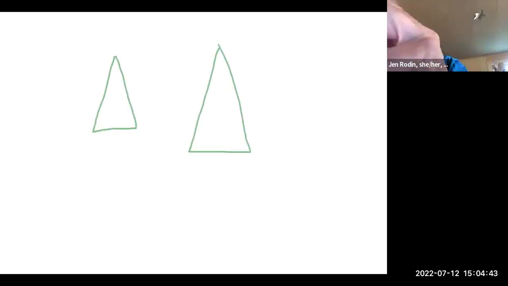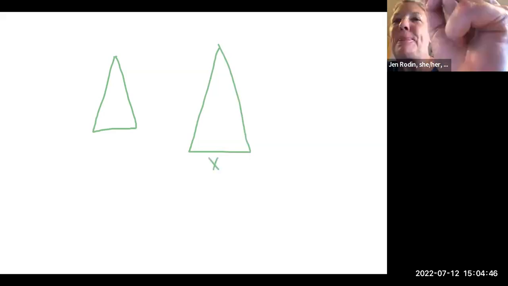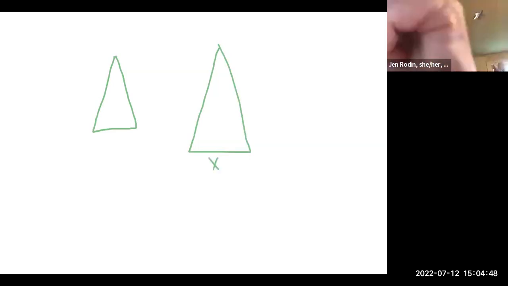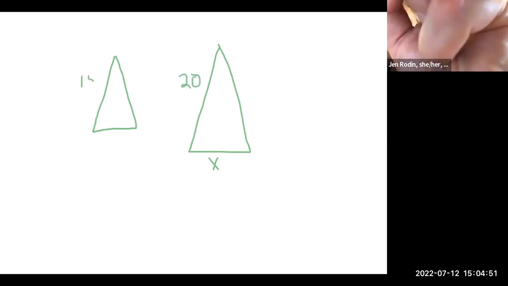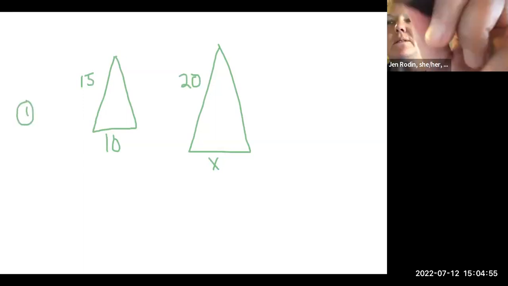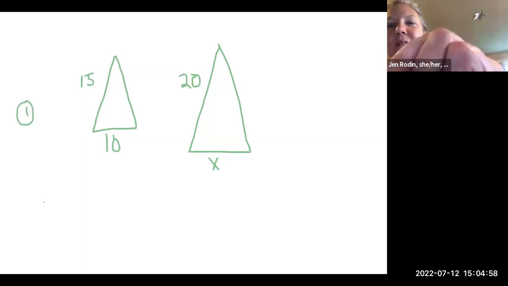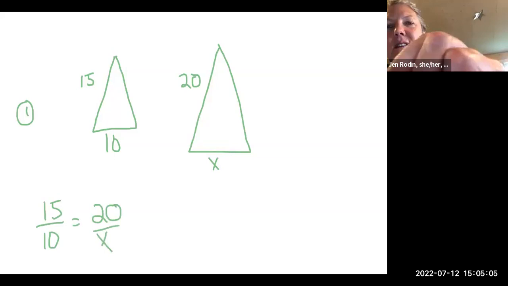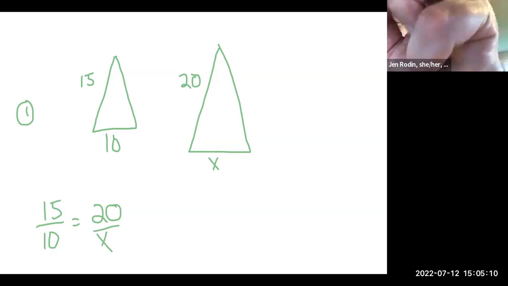And the tractor problem. There, that was that one. That was one. The similar triangles: 15 to 10 equals 20 to x. And the other one was 4 gallons of fuel to plow for 90 minutes. So I convert that to hours.